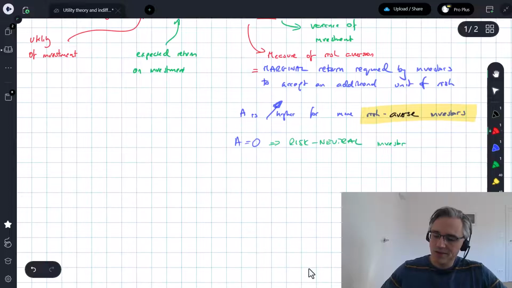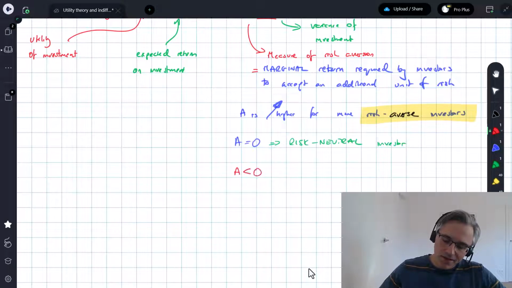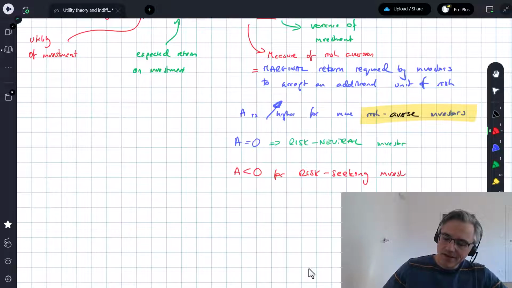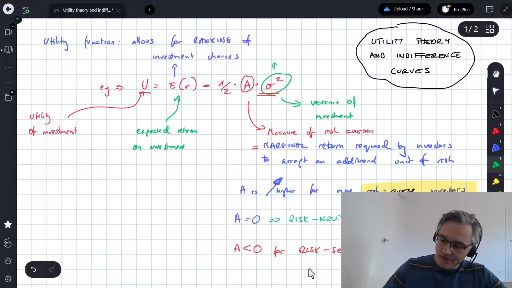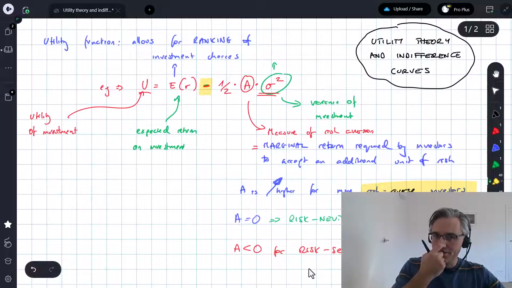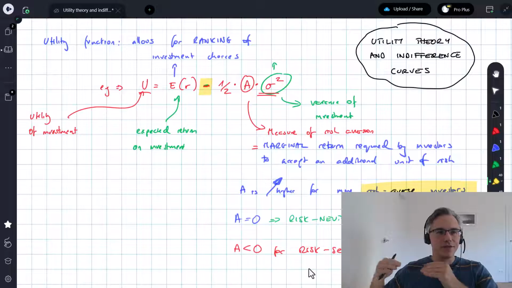Now, something you may also get in questions is an A which is less than 0, so negative, and that's what you'll find for risk seeking or risk loving investors who get a kick out of risk. And if A is negative, given the minus sign over here, that second expression in the function becomes a positive thing.